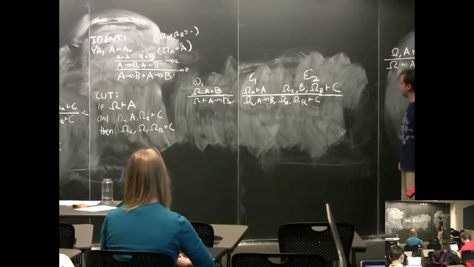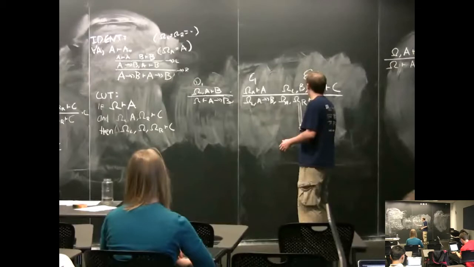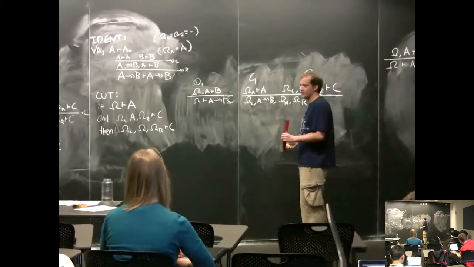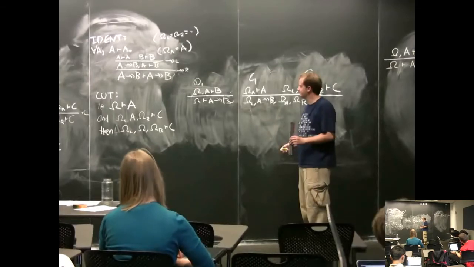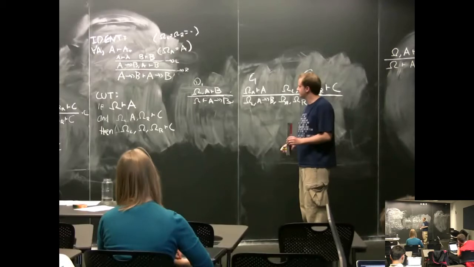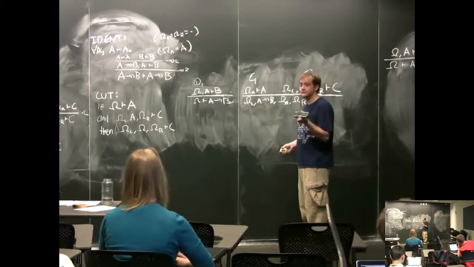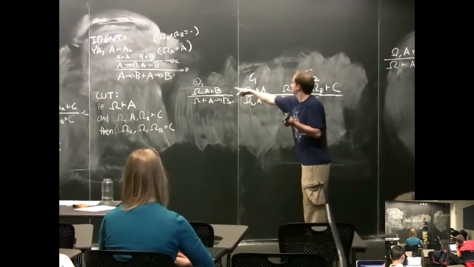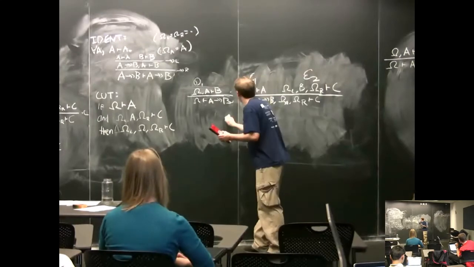Okay, so the thing that we want to prove is omega left, omega A, omega right proves C. Any suggestions on how we start? All right, that looks good.